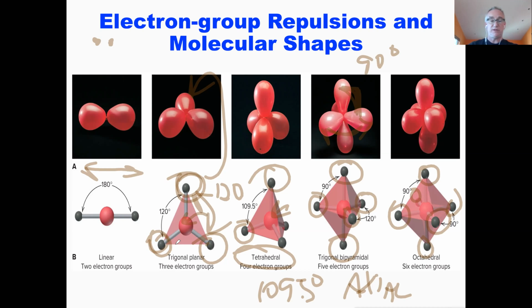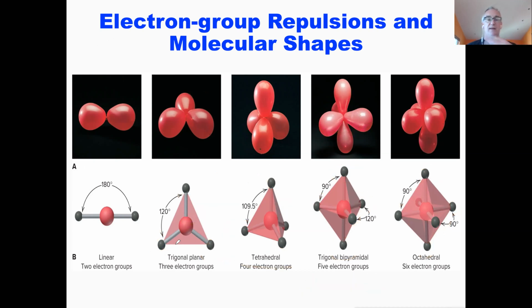So with these balloons, each one of these balloons, like for instance, let's look at the second one. This could be a lone pair, or it could be an atom that's single bonded to the central atom, or a single atom that's double bonded to the central atom.